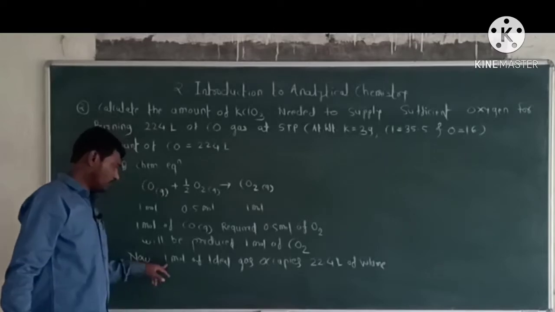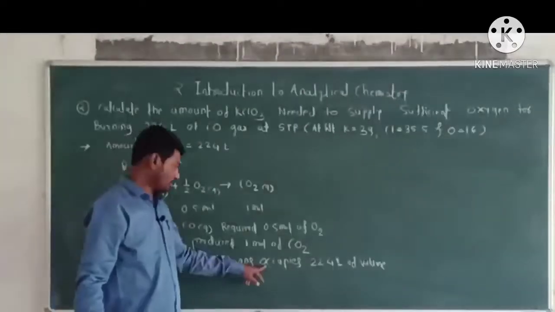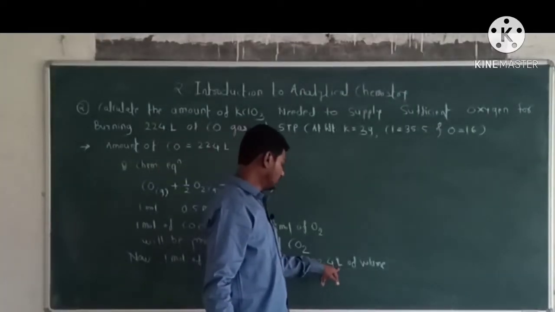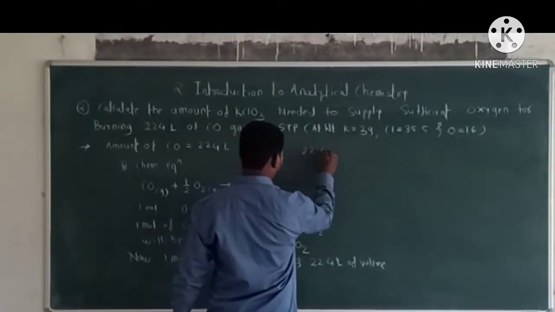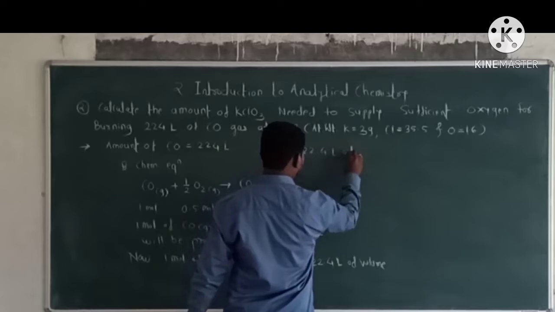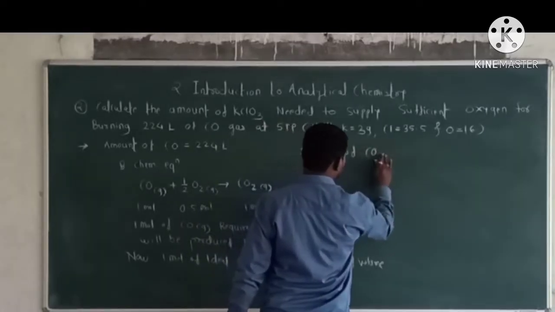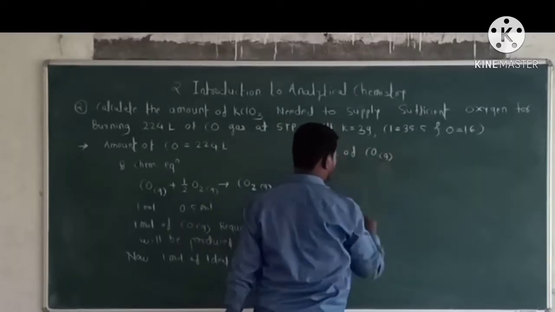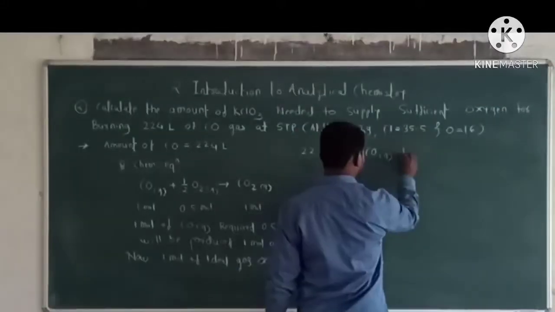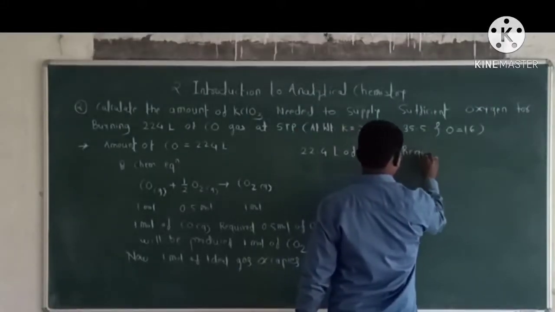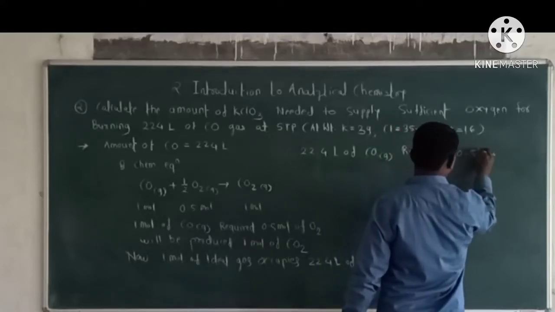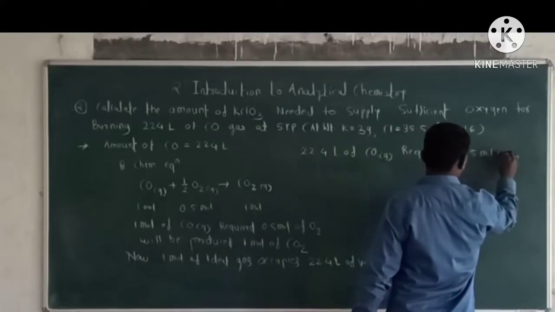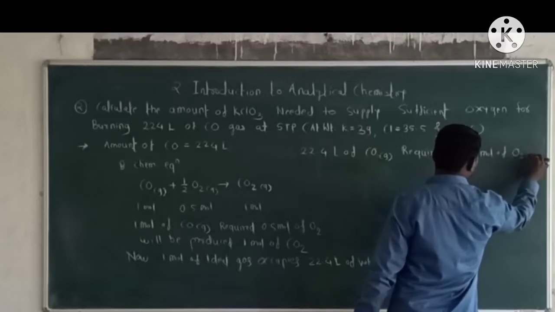Now 1 mole of ideal gas occupies 22.4 liters of volume. Therefore, 22.4 liters of gaseous carbon monoxide requires 0.5 mole of gaseous oxygen.